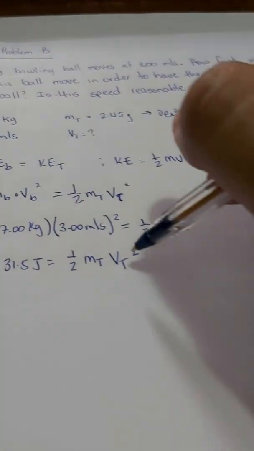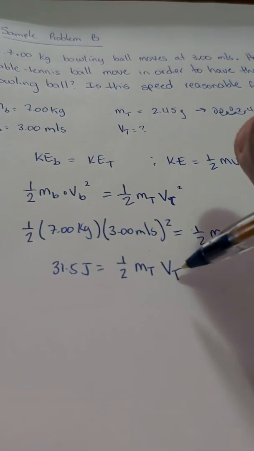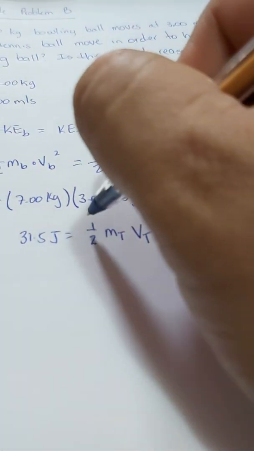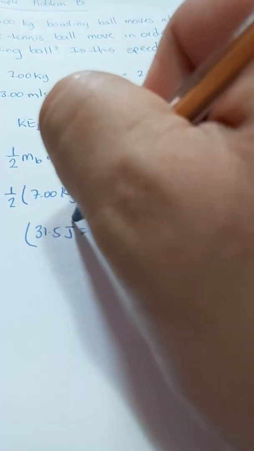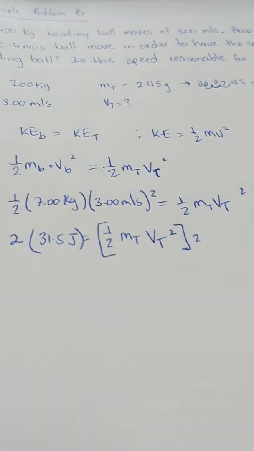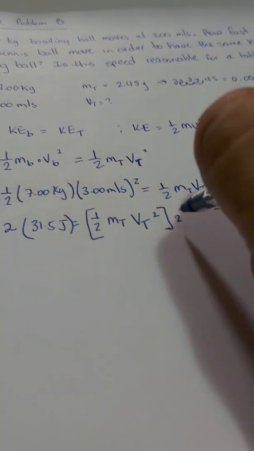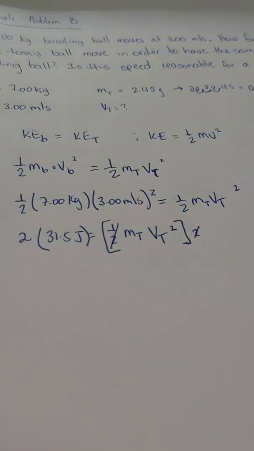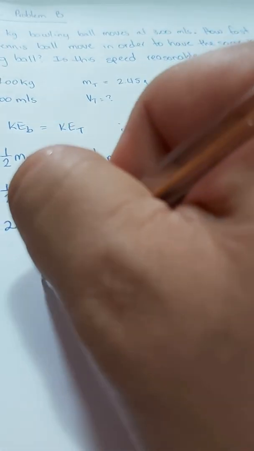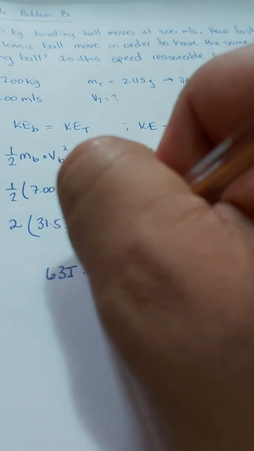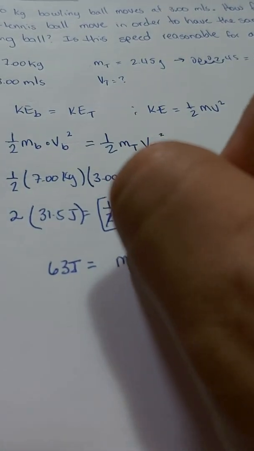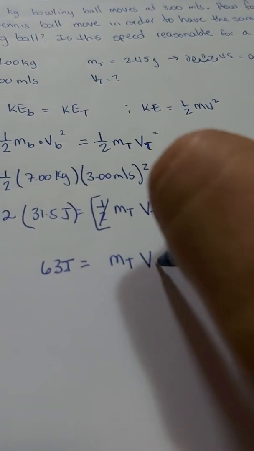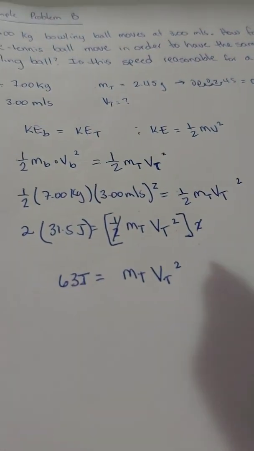So now let's solve for the velocity of the table tennis ball. So let's first multiply both sides of the equation by 2. So 2 times 31.5 joules, that's 63 joules, equals mass of the tennis ball times velocity of the table tennis ball squared.